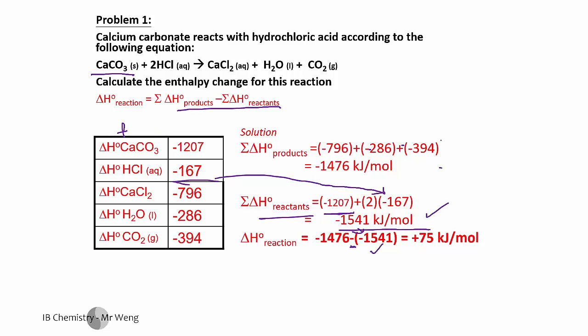Now make sure your setting out is good. Make sure you clearly do each part, reactants, products, and then put it together. It'll save you making mistakes, because these plus or minuses are critical, and it's very easy to stuff that up. So you need to write it out nice and clear. Let's just double check that the products are okay.